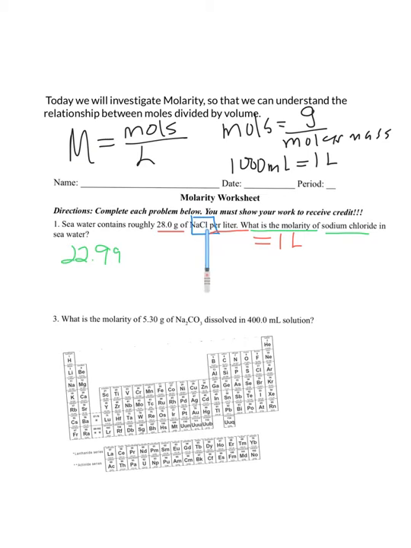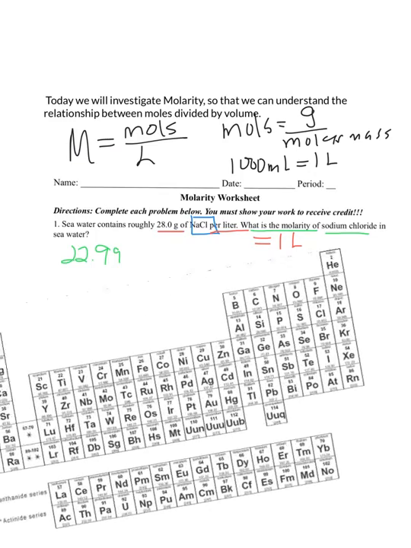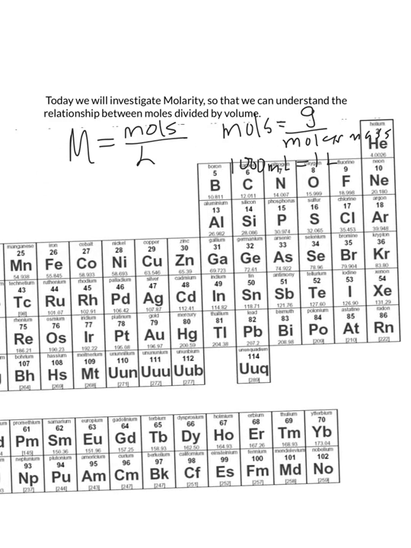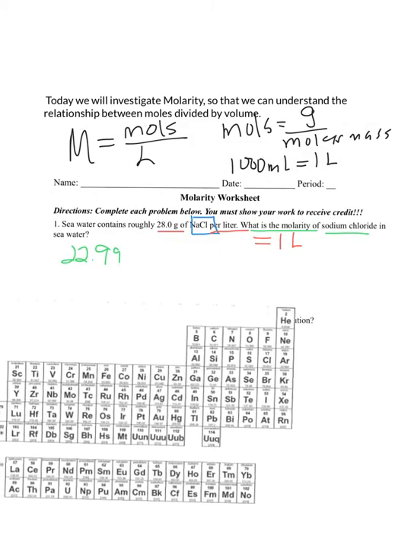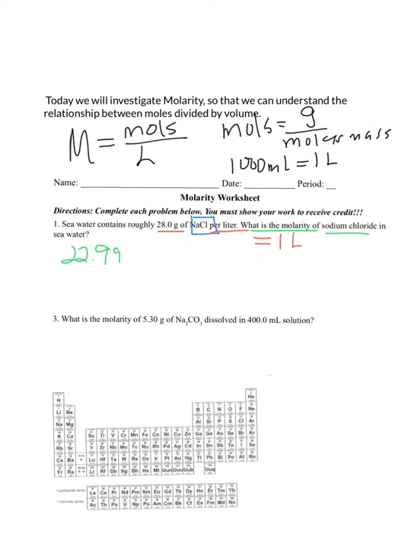The second element we need to find the mass for is chlorine. Chlorine's mass is 35.45. All right, so this mass was for sodium. We have 35.45, and we have only one chlorine, so we don't need to multiply it by anything.